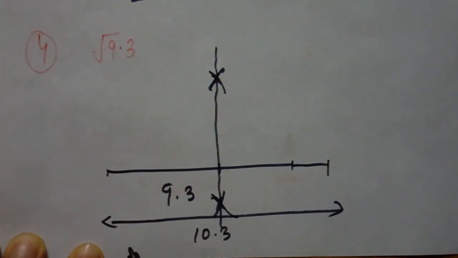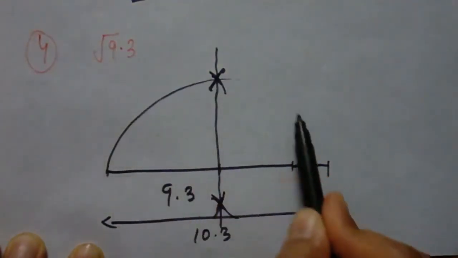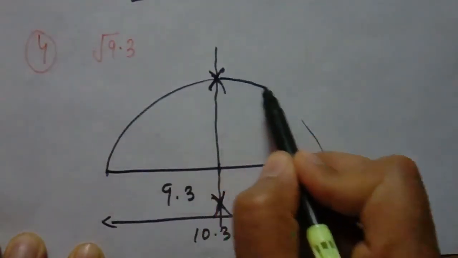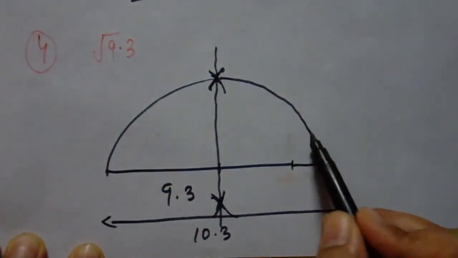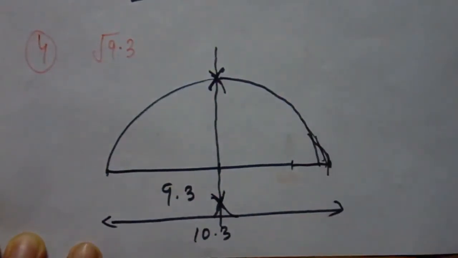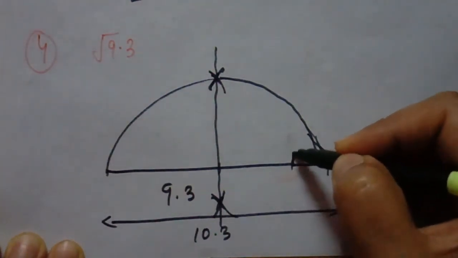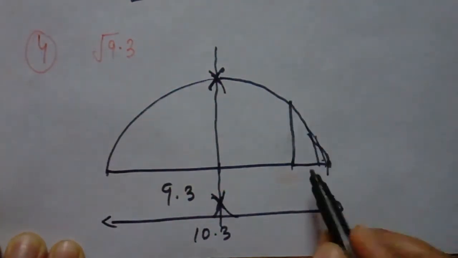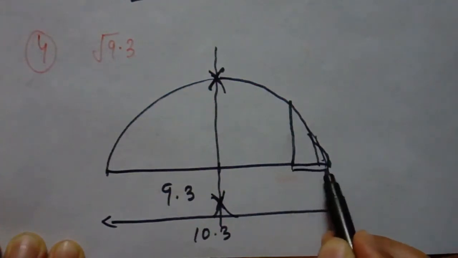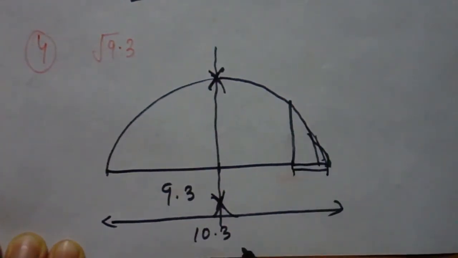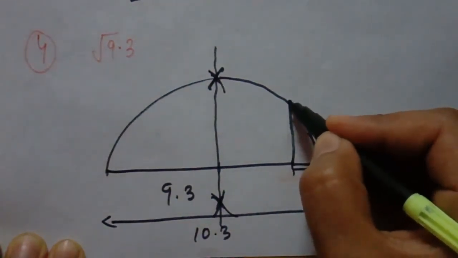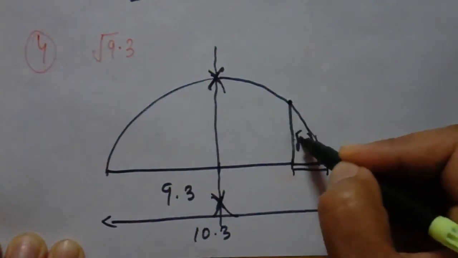So this is our radius. We open our compass and then draw a semicircle on it from this end. Now the next step is we draw a perpendicular from this point, from where we took one more unit. This line is root 9.3.